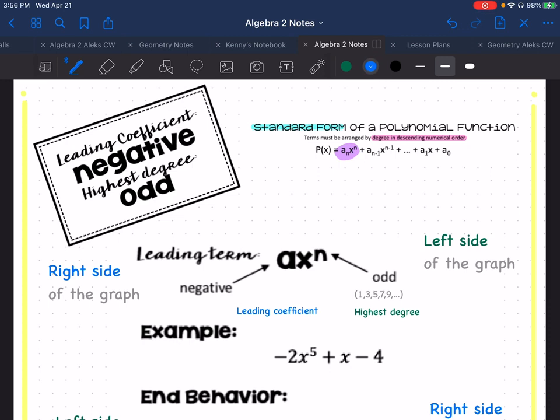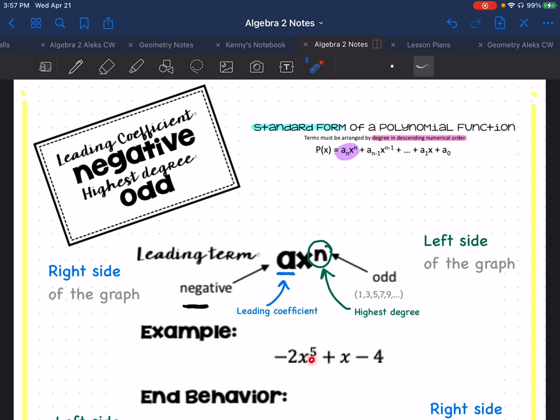Once again, the right side is going to be predicted by this leading coefficient, and this time we're still talking about it being negative. Your left side of your graph is going to be predicted by the highest degree, and this time we're going to talk about what it looks like when it is odd: 1, 3, 5, 7, 9, 11, 13, and so on.